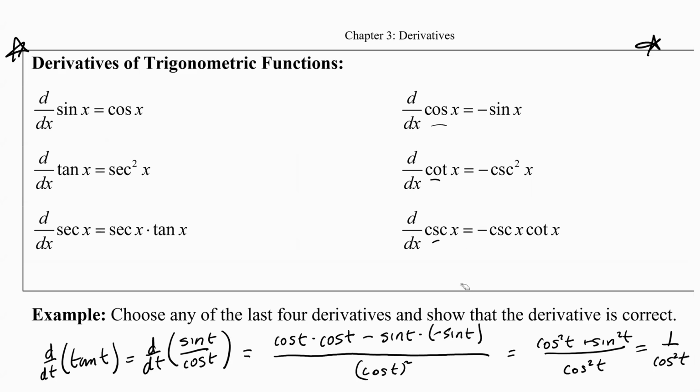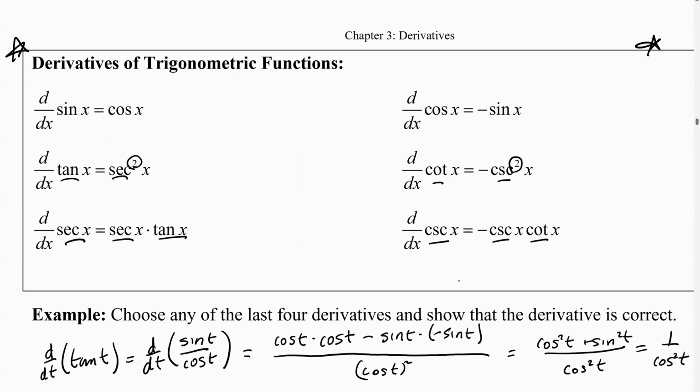Secondly, here's something I noticed a long time ago. Here's a tangent, and here's two secants. Here's a cotangent, and here's two cosecants.